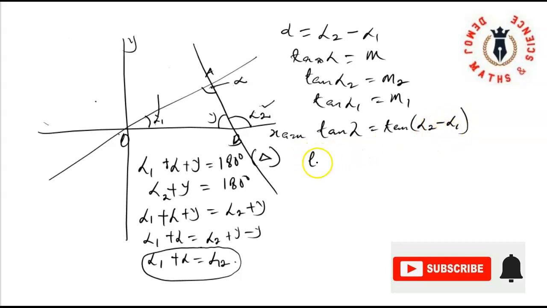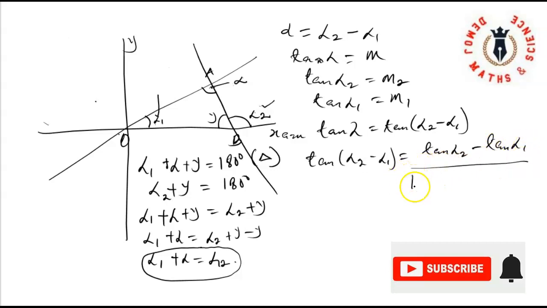And from the same trigonometry, the tan of alpha 2 minus alpha 1 is equal to tan of alpha 2 minus tan of alpha 1, all over 1 plus tan alpha 2 tan alpha 1.